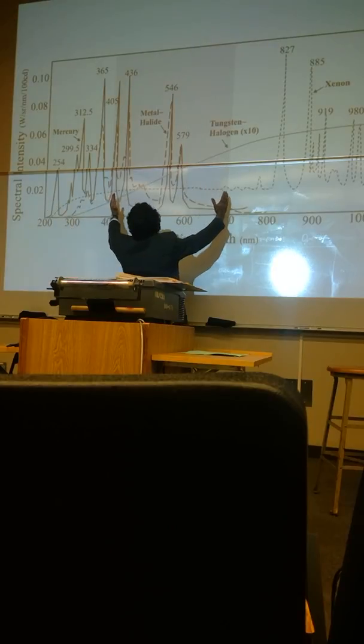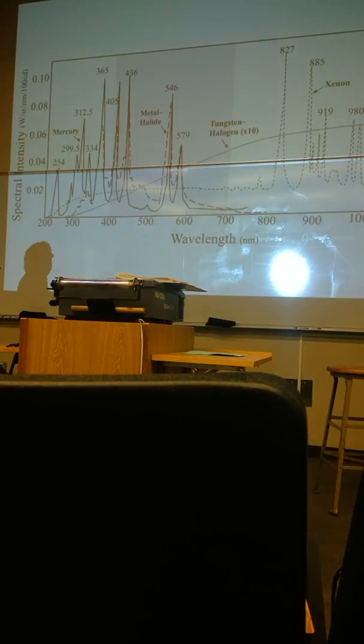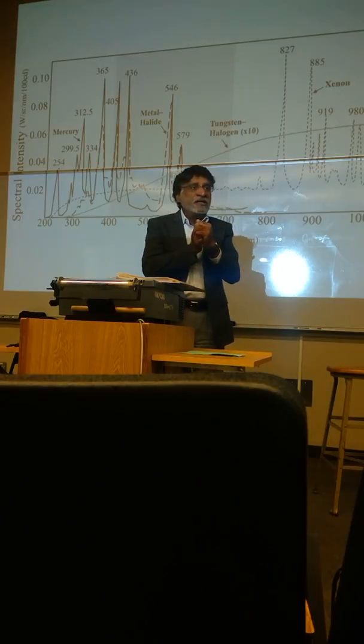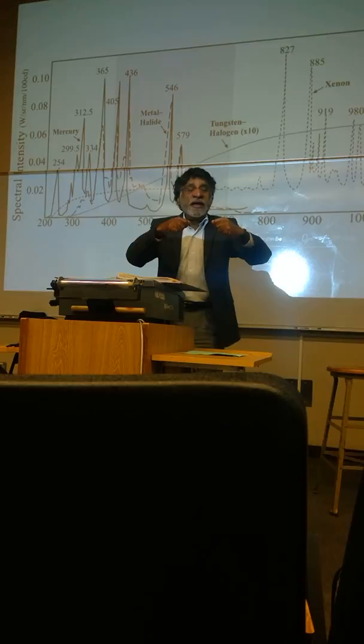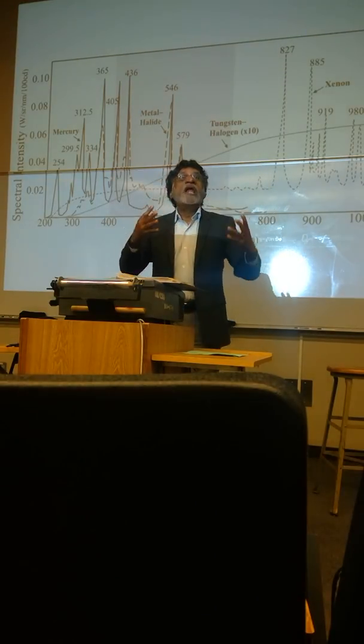I've highlighted the visible spectrum here, roughly from 400 to 700 nanometers. And the important sources: the original source that was used was basically you took a tungsten filament and you heated it. You passed current and you heated it, and as you raised the temperature, it produced light.